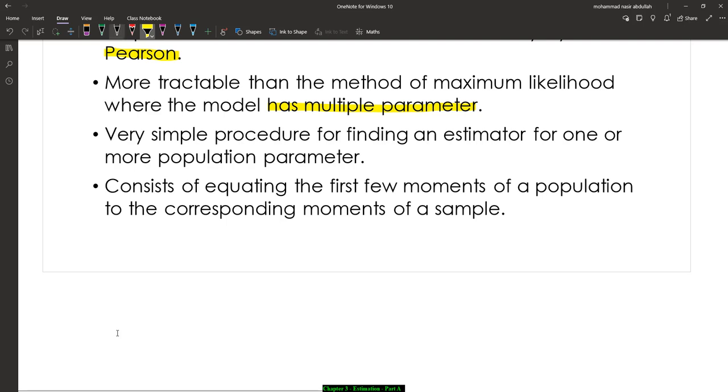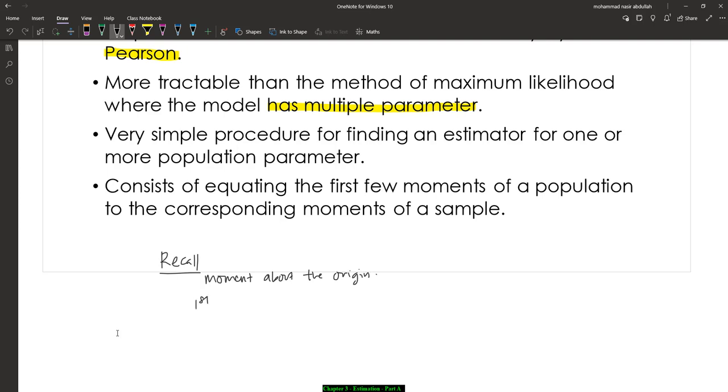So let's recall some topics that we learned before. You learned in a previous subject, moment about the origin, right?